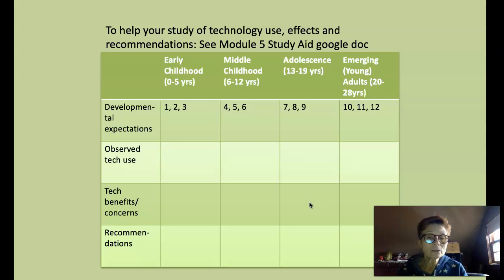This could be middle childhood kids in elementary school that are getting tablets to do in-class activity or to take home, and adolescents' use of social media and for social connectedness.